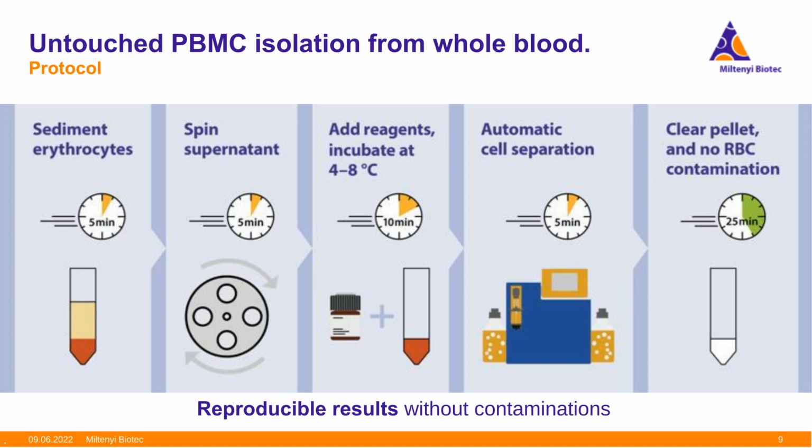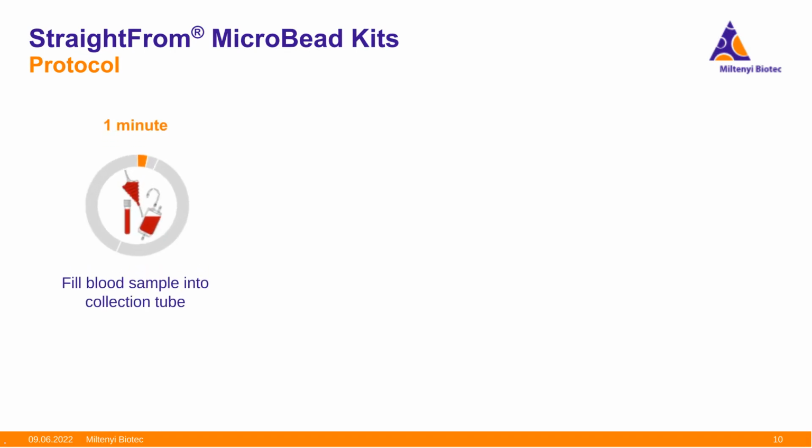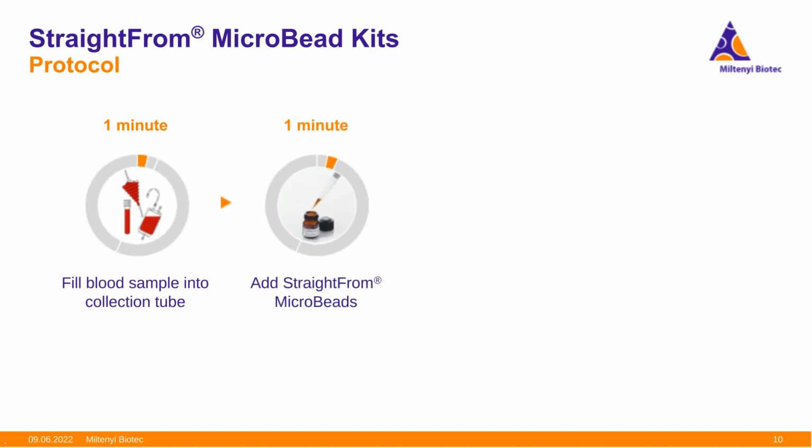This is untouched isolation, and for positive isolation, we have our straight-from protocols, which also allow us to go very quickly from our starting sample to our cells of interest. We first dilute the blood sample. We add our microbeads.